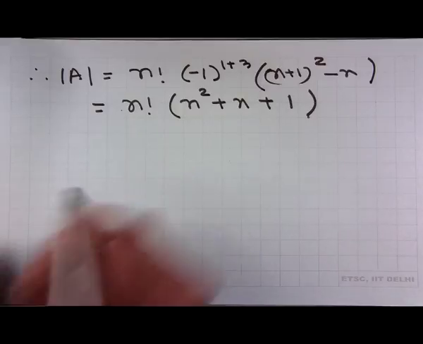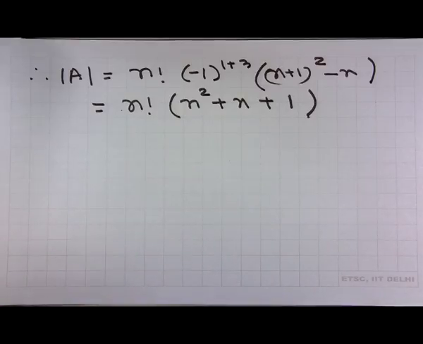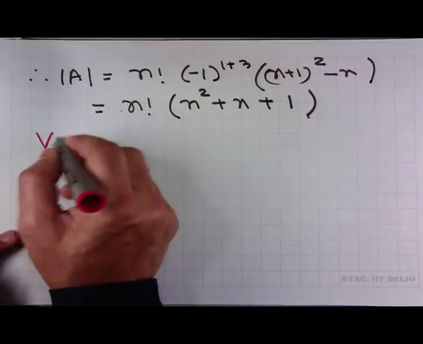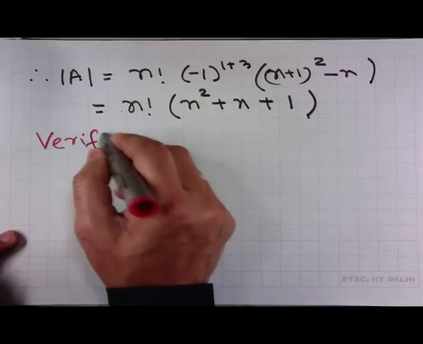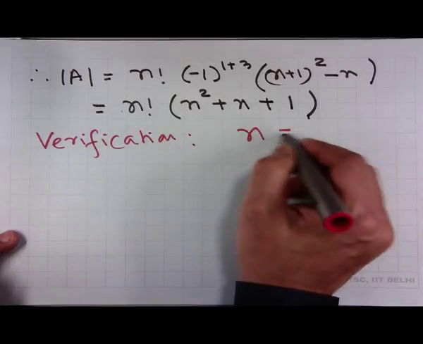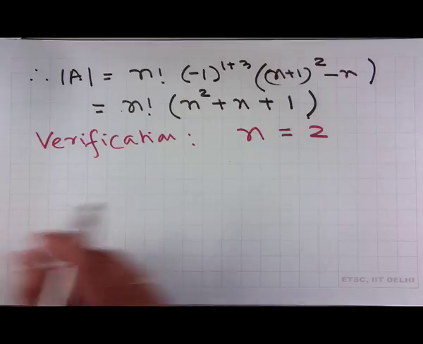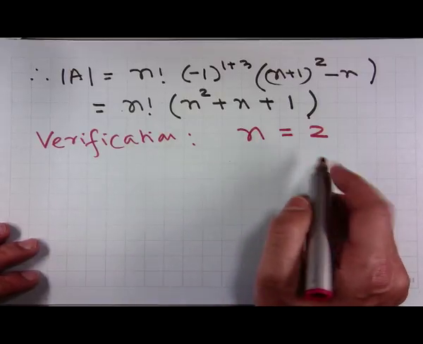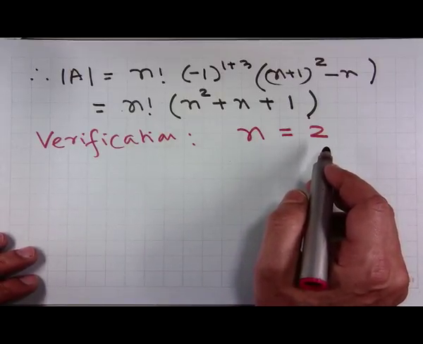So, let us verify it for a simple n. Suppose we want to verify for n equal to 2.